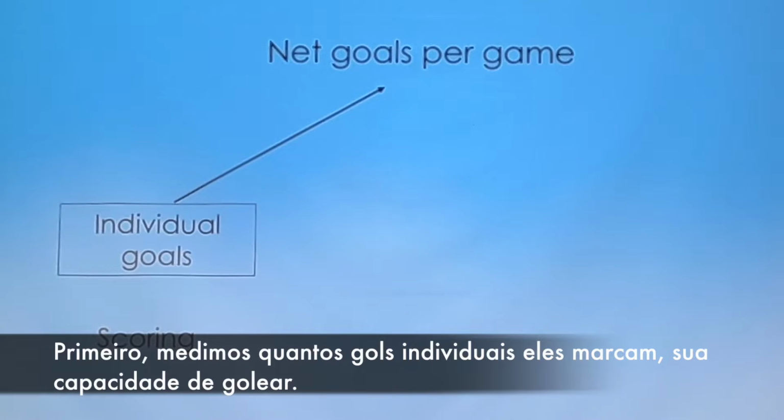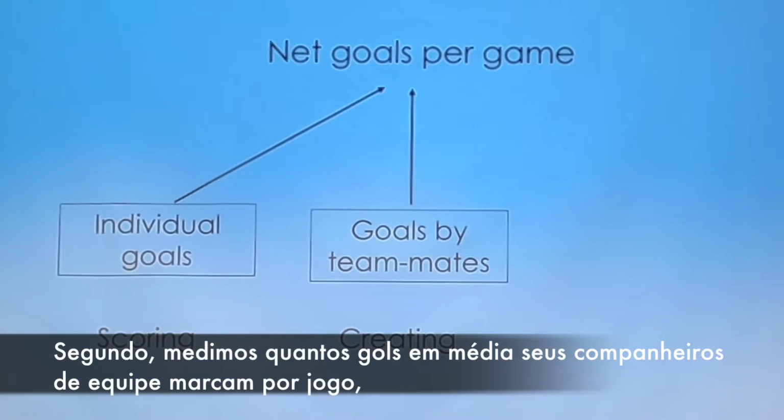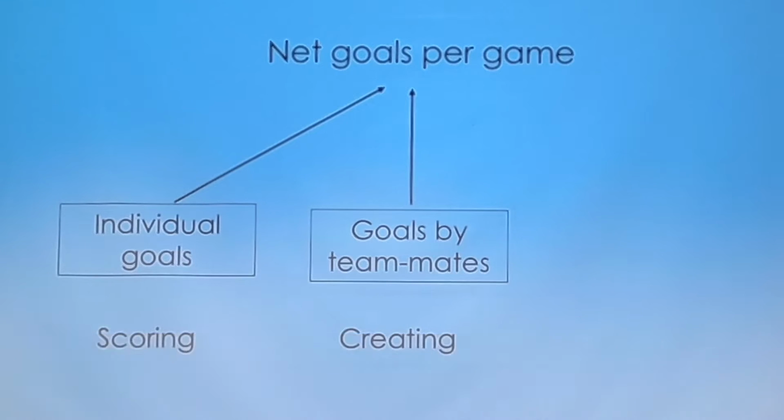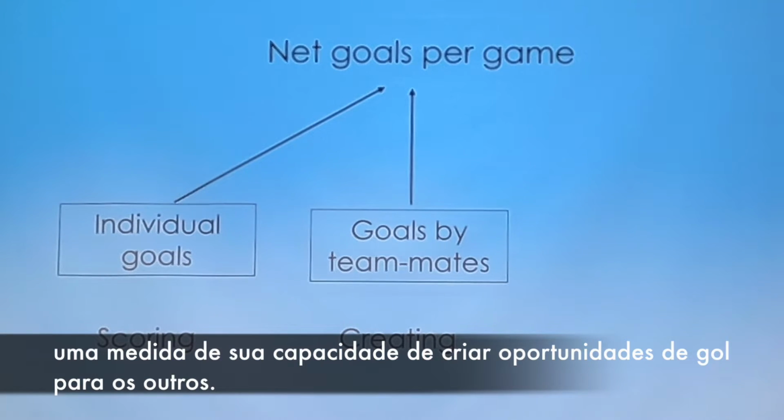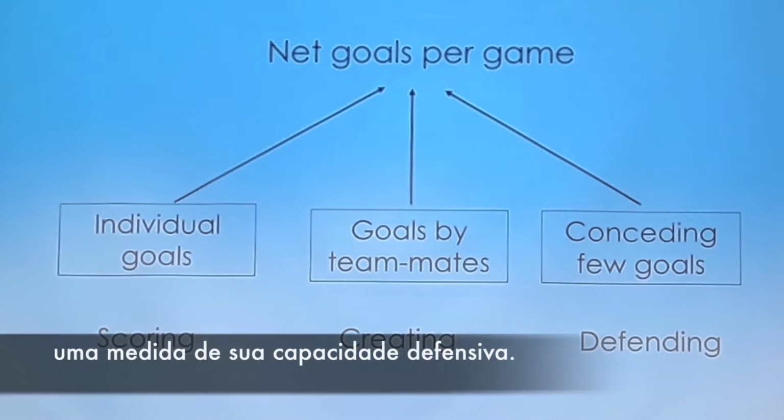First, we measure how many individual goals they score, their scoring ability. Second, we can measure how many goals on average their teammates score per game, a measure of their ability to create goals. And finally, we measure how many goals their team concedes per game, a measure of their defensive ability.